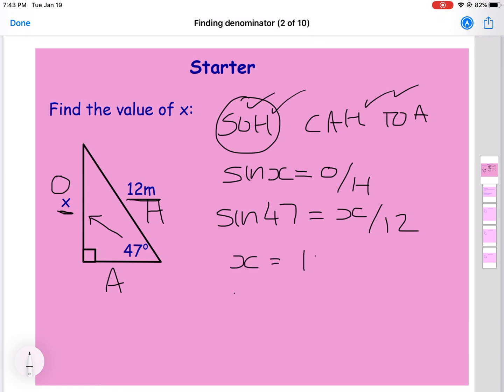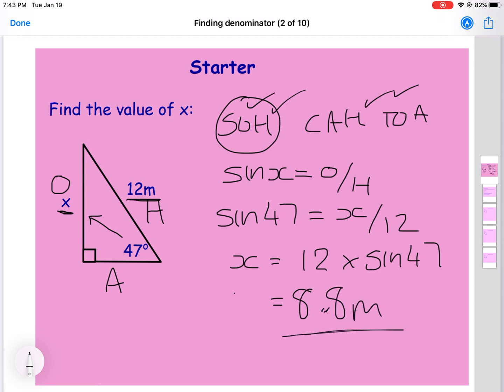And one calculation into your calculator, 12 multiplied by sine 47.